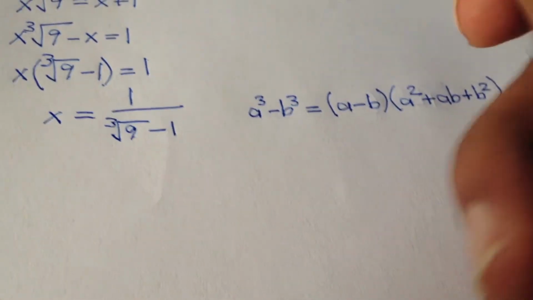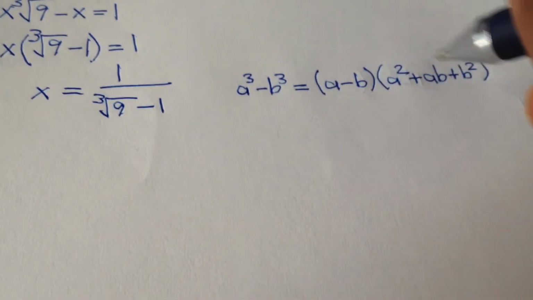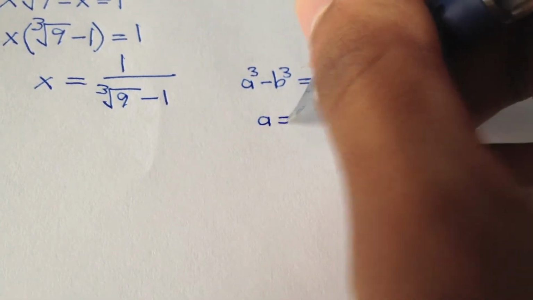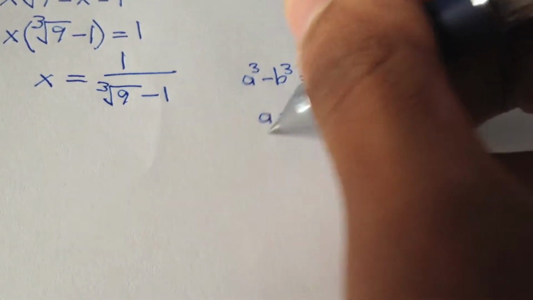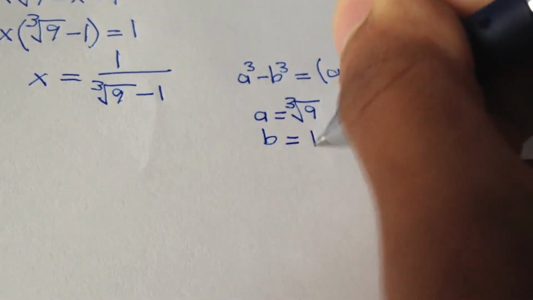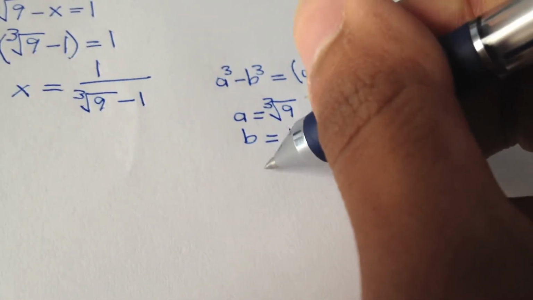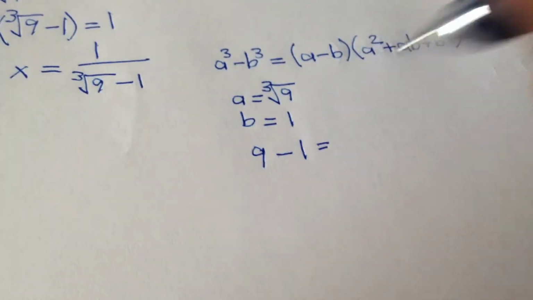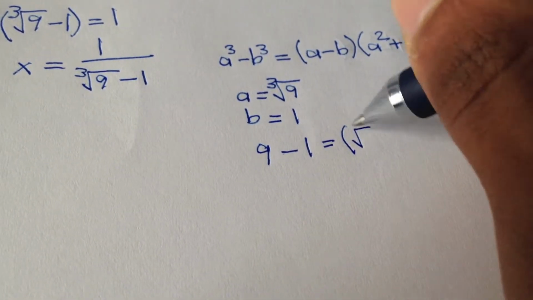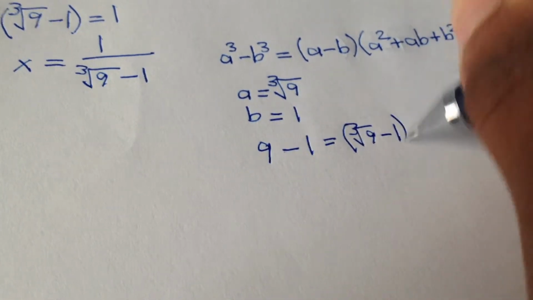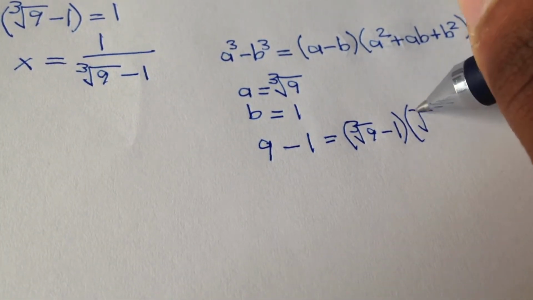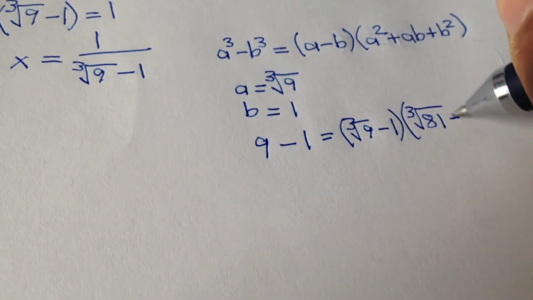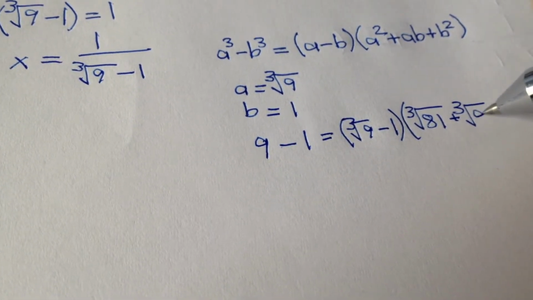So we could use this formula where a would equal cube root of 9, and b would equal 1. So then 9 minus 1 would be equal to the cube root of 9 minus 1 times the cube root of 81 plus the cube root of 9 plus 1.